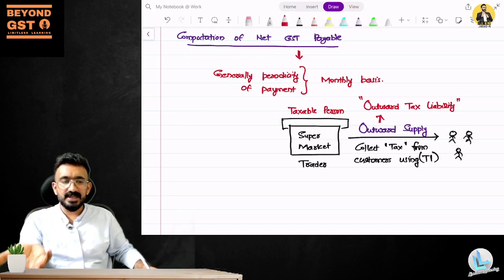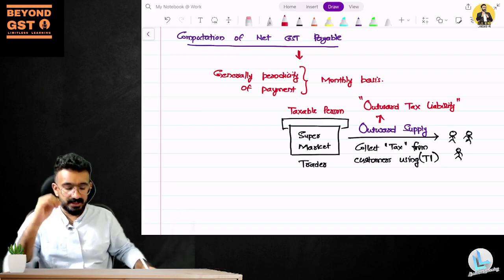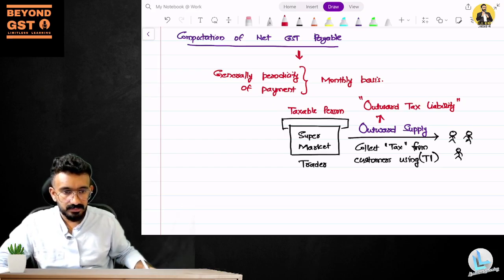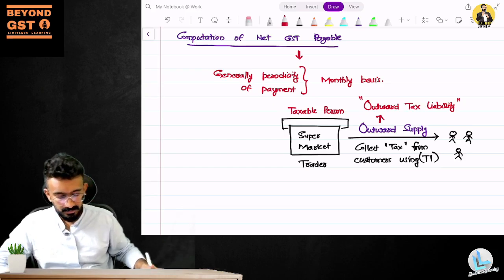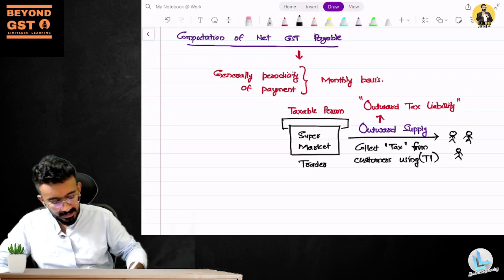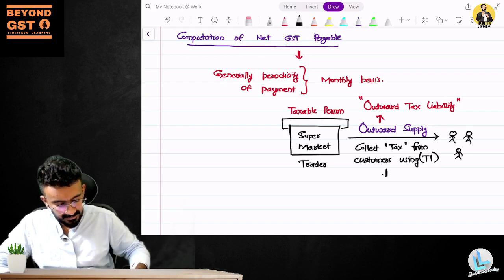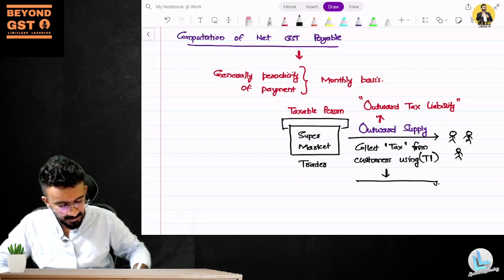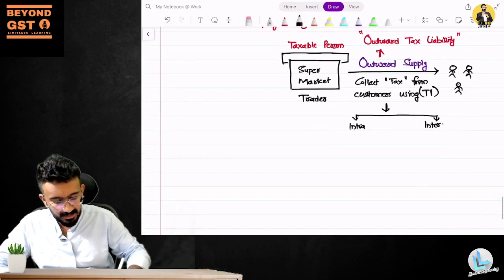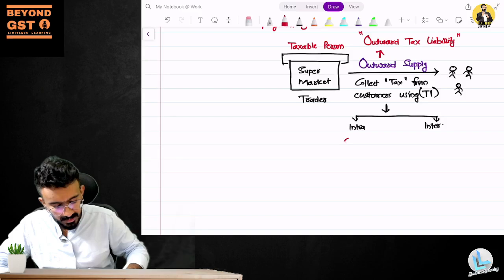He would have collected taxes, he is supposed to pay this to the government. Now, what are the outward tax liabilities that he can have? He might make outward supply both intrastate and interstate. So his liability can be CGST, SGST, it can even be IGST.